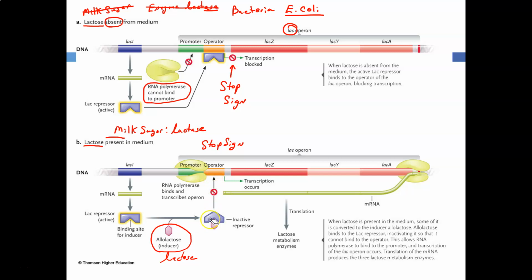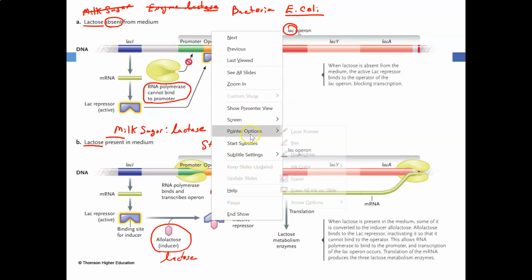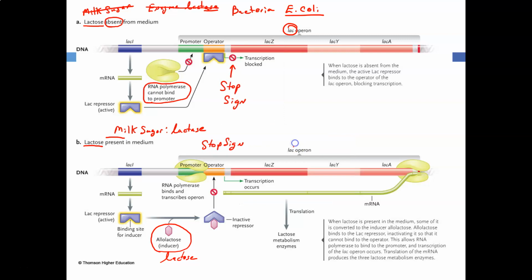And it's going to go off. And now with that going off, the RNA polymerase can now bind. And what it's now going to do is take the DNA and turn it here into messenger RNA.